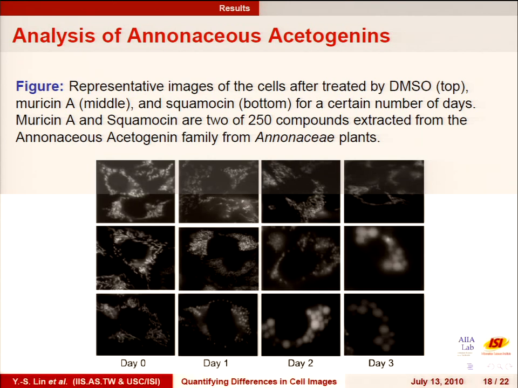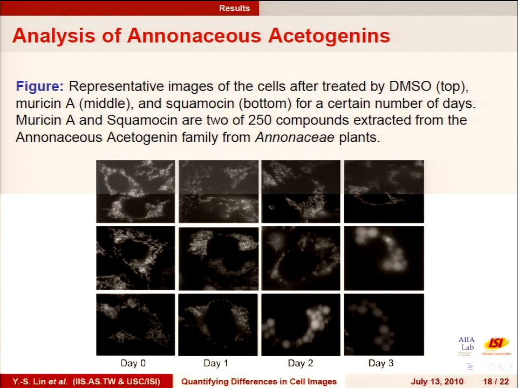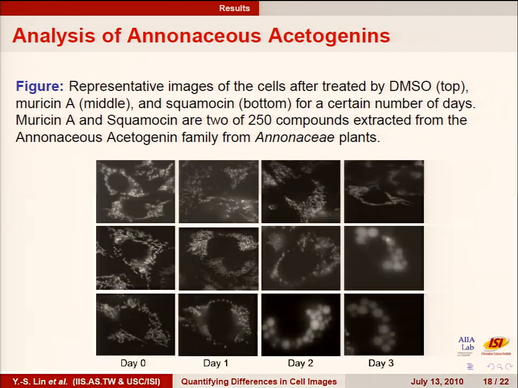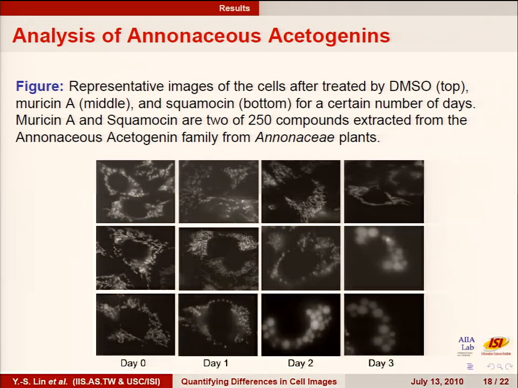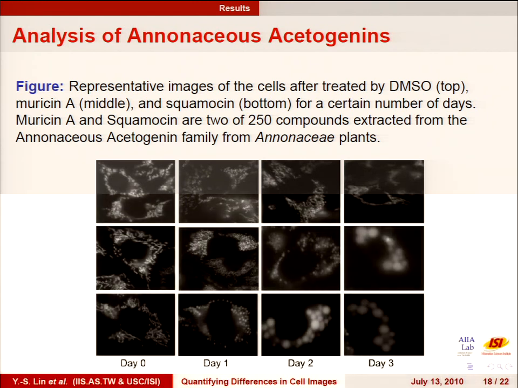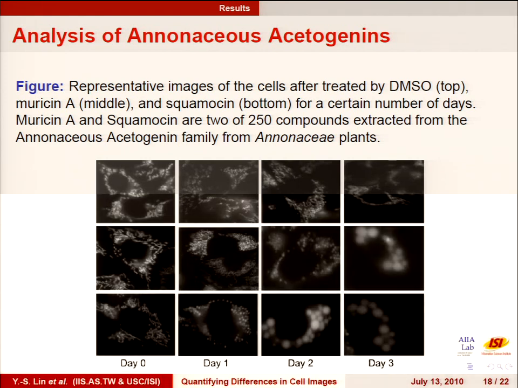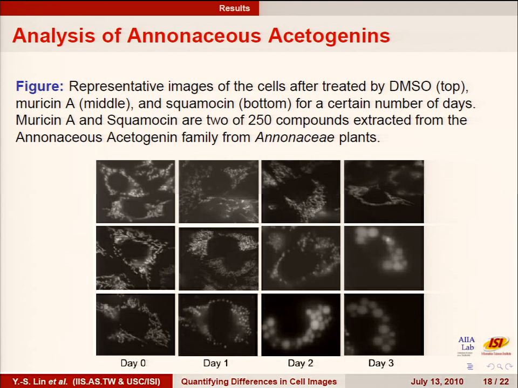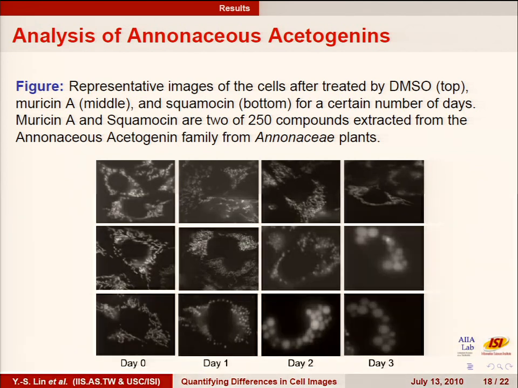and we treat them. In the top row is the control drug, and the second row is Mucin A. These are Squamocin, and we treat the cells and wait for a certain time, and you see that we will see the shape of mitochondria.